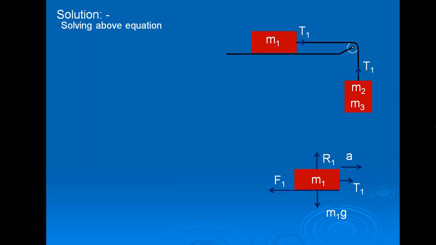Now solving the above equation, we get (m2 plus m3 plus m1) into a, taking a common, is equal to (m2 plus m3 minus mu m1) into g. Putting the values of m1, m2 and m3: (2 plus 2 plus 8) into a is equal to (2 plus 2 minus 0.2 into 8) into g.